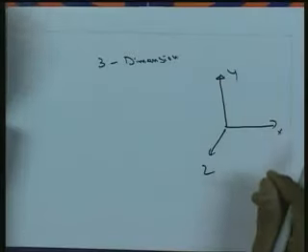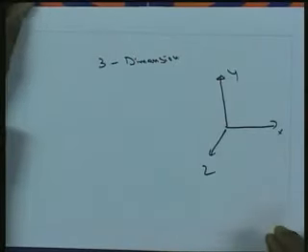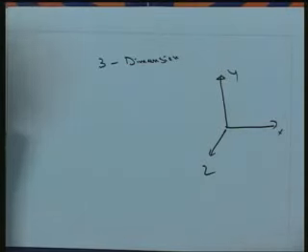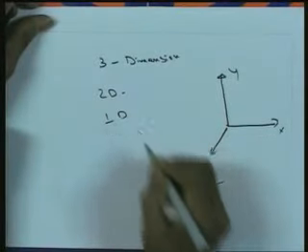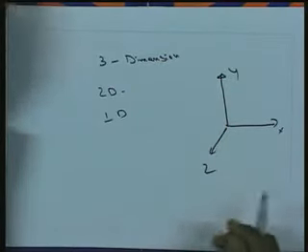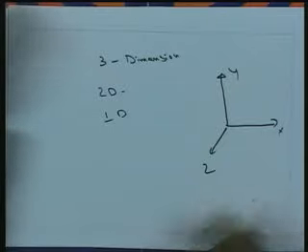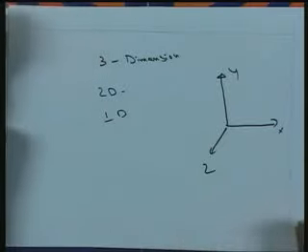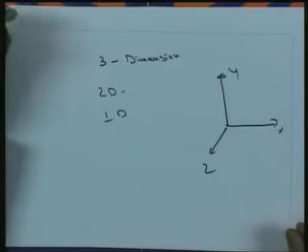But many times we can approximate the flow, because if we consider the flow as three dimensional, then the analysis becomes much more complex, especially since we are dealing with fluid motion. So we can simplify the three dimensional flow to two dimensional or one dimensional depending upon the case. So we have to see, as far as the dynamics of fluid flow is concerned, whether we are dealing with three dimensional flow, two dimensional flow or one dimensional flow.